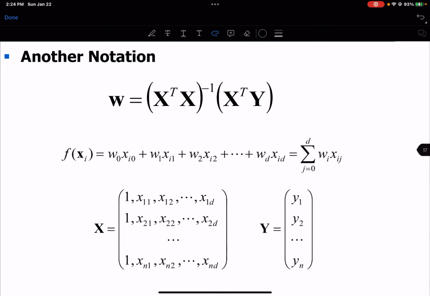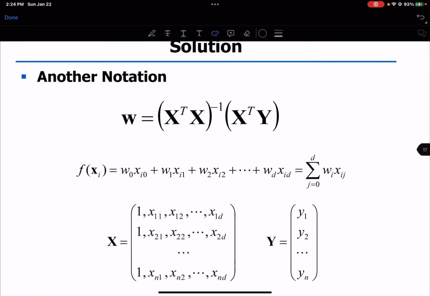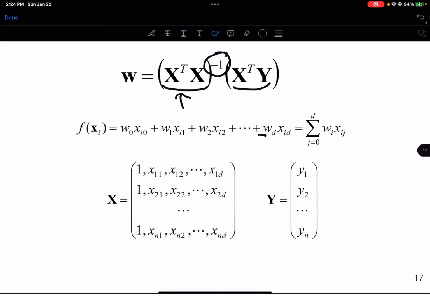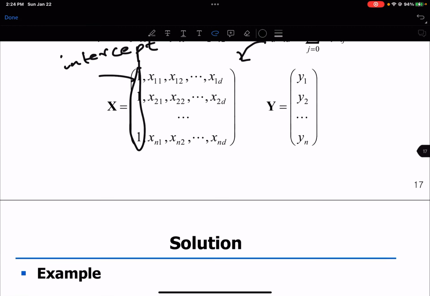So another way of solving your generalized linear model is that you take the transpose, then multiply it by X, then take the inverse. This will be your new type of matrix representation, A inverse, and then we have your transpose of Y to finally come up with this, where 1 in the first column represents your intercept terms as we solve any matrix.